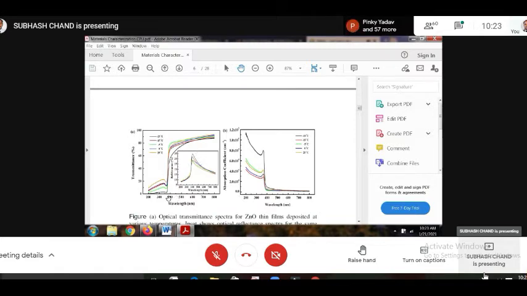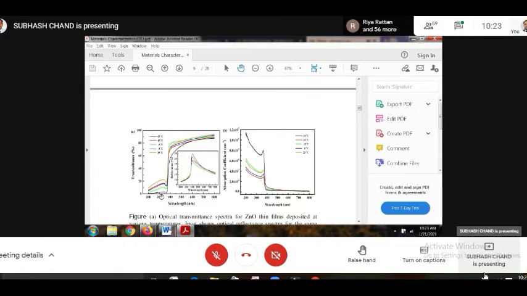So you will find above 400 angstroms, the transmission coefficient is very high, more than 80%. It means all wavelengths above 400 angstroms are passing through the sample, and all wavelengths below somewhere 370 are strongly absorbed.